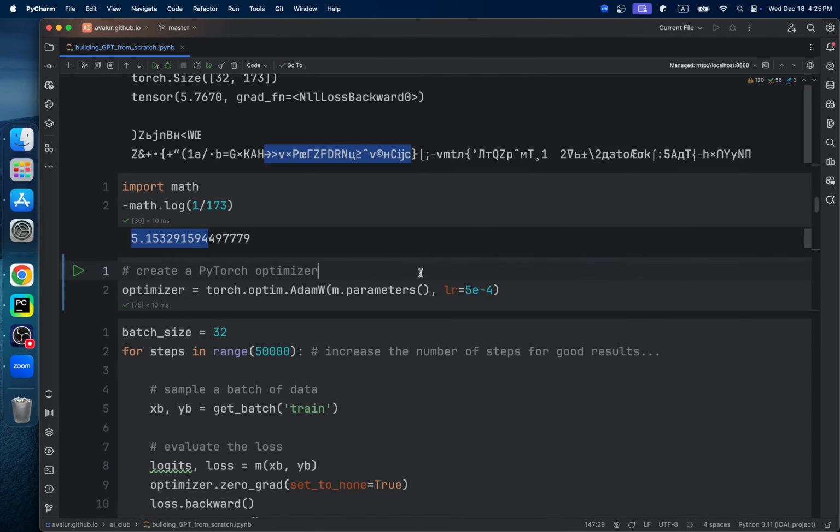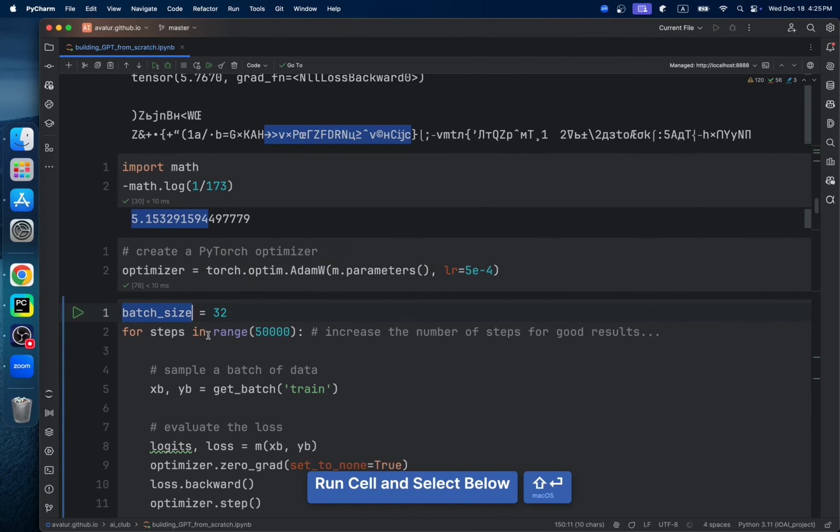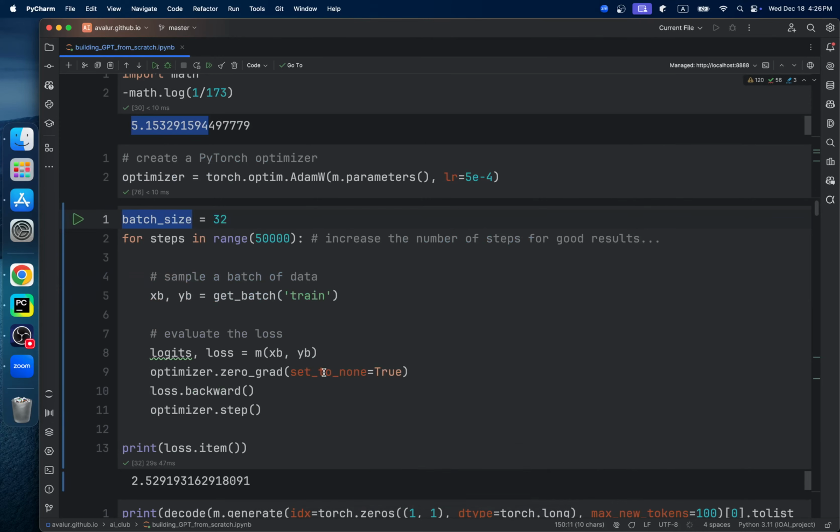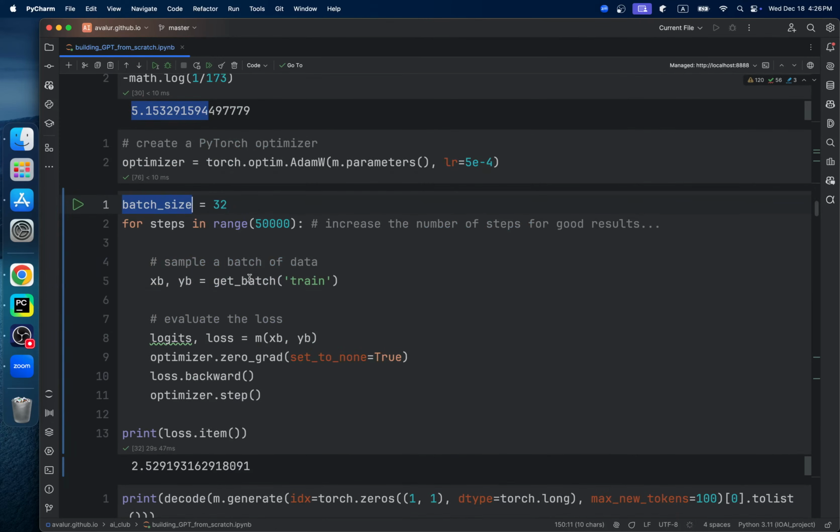Okay, and then we actually perform training. Batch size 32, and firstly we get a batch from the train dataset. Then we perform the forward pass of the model. We zero the gradients and perform the backward step to calculate gradients based on the current loss. And the optimizer step updates all the parameters in the model.